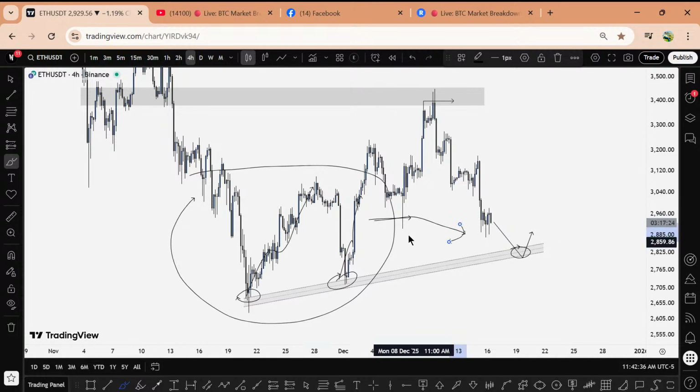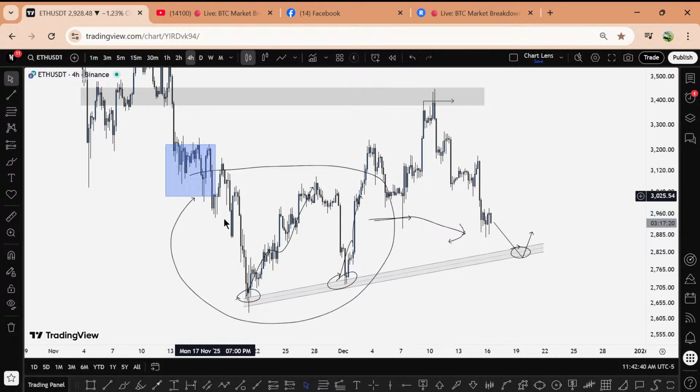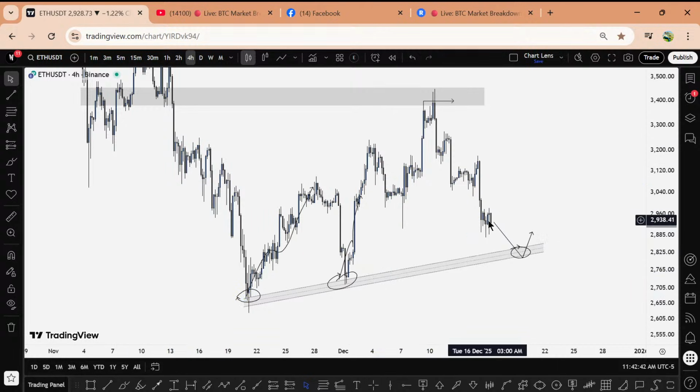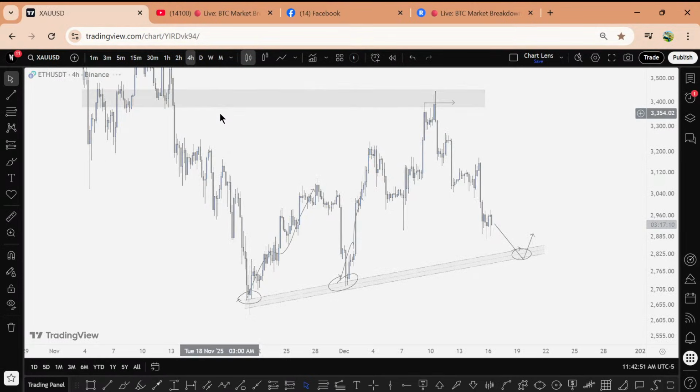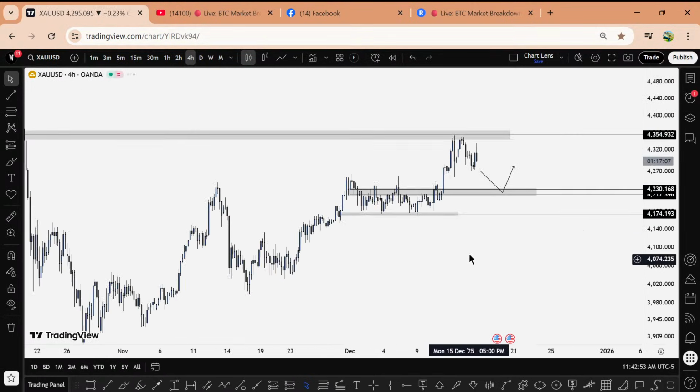So I'm expecting price to dump a little more downside, tap this trend line, then here we can expect some upside recovery. So this is my stance on ETH. Hope you got it.